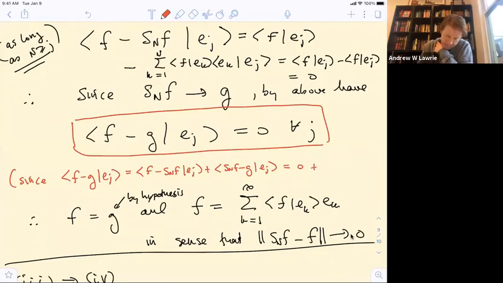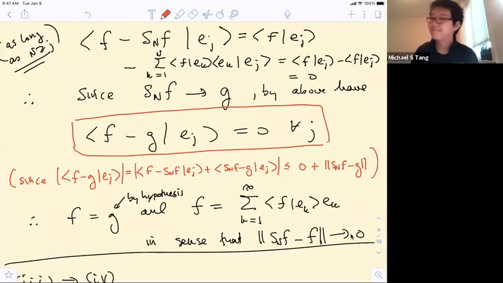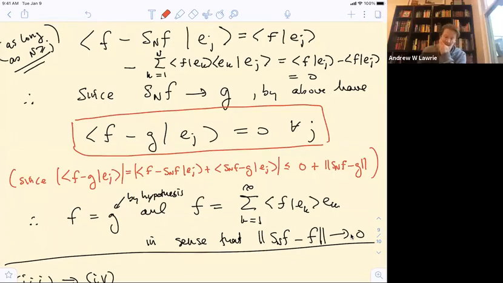Maybe I'll put absolute values, and this is less than or equal to this, which in this last term can be made arbitrarily small, right? Okay, got it. Yeah, thanks, Michael. That was quick.